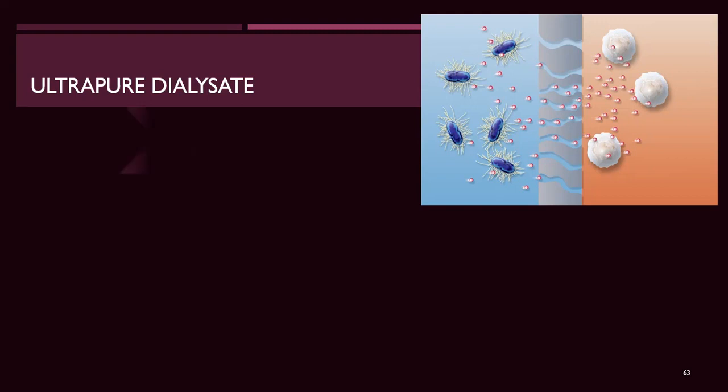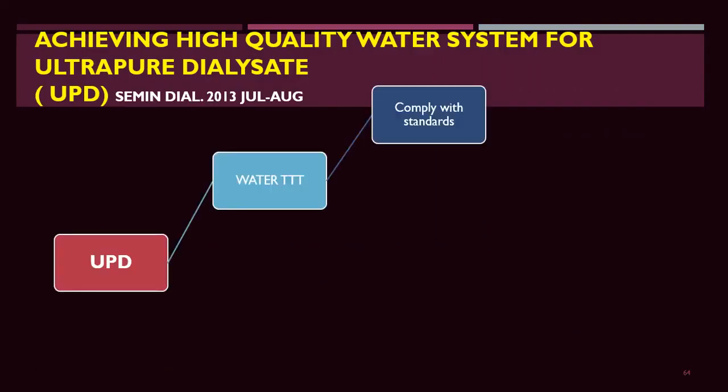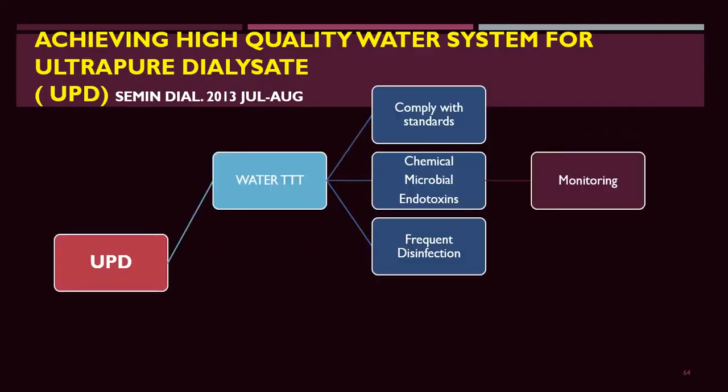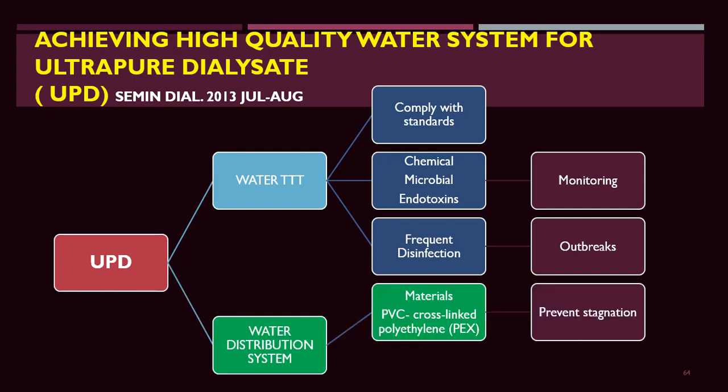Remember also, ultra-pure dialysate is important in preventing inflammation during dialysis. So using a high flux membrane in addition to ultra-pure dialysate prevents cytokine production and prevents dialysis-related amyloidosis. Water treatment, chemical and microbial: do frequent disinfection, choose the right method of disinfection, and monitor well.